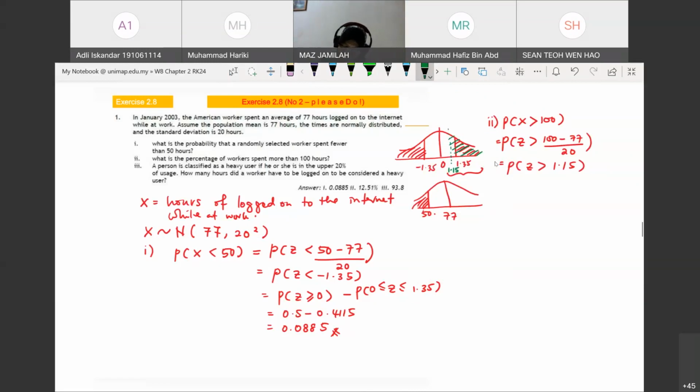So you will have 0.5 minus P(Z between 0 and 1.15). This will be 0.5 minus 0.3749, which is equal to 0.1251.